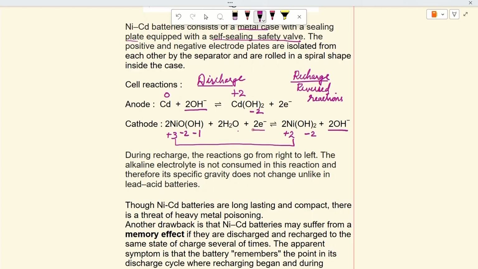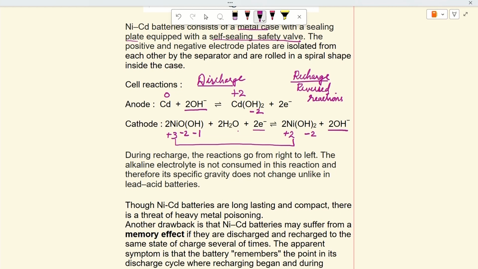And we have the cell ready for deriving the energy from that. Now, during recharge, reactions go from right to left, and during charging we have these to be in the opposite direction.